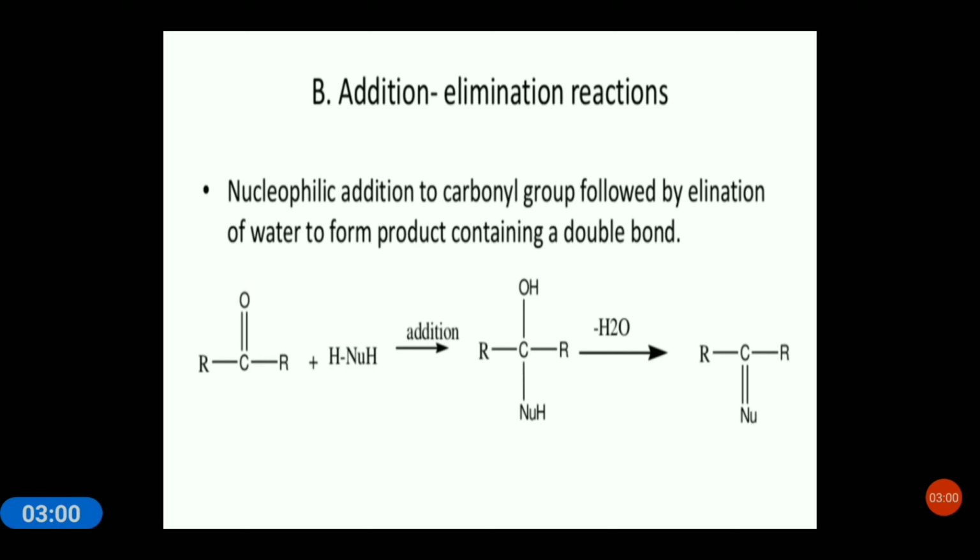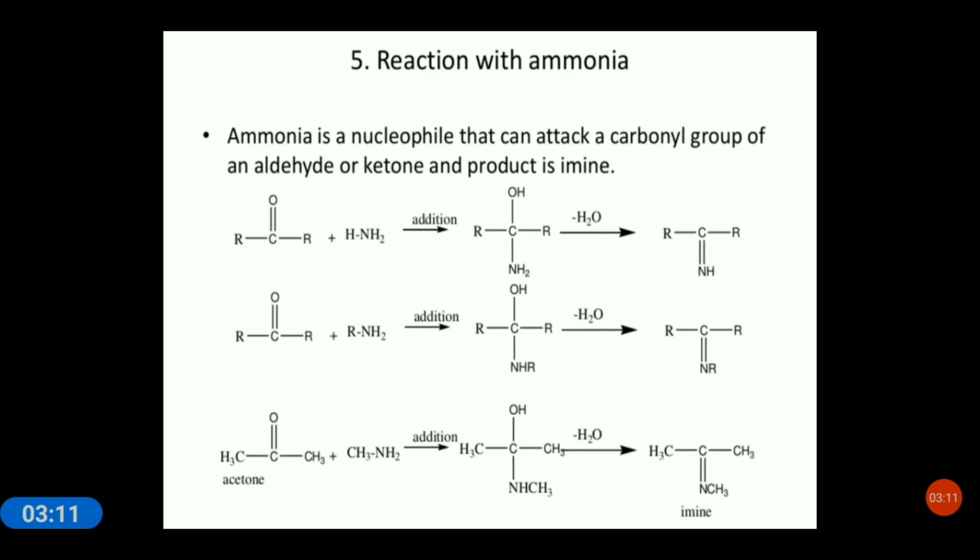Addition followed by elimination reaction. In this we have seen the reaction with ammonia and ammonia derivatives. You will get different products. For example, when ammonia is added, there is formation of imines.